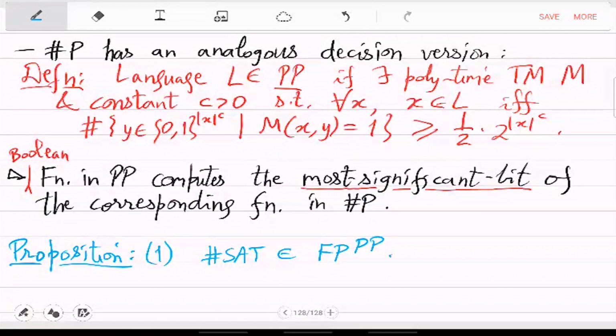Okay, so if you can compute the most significant bit, then using that as a subroutine, you can actually compute the whole string, giving you the count of accepting paths.